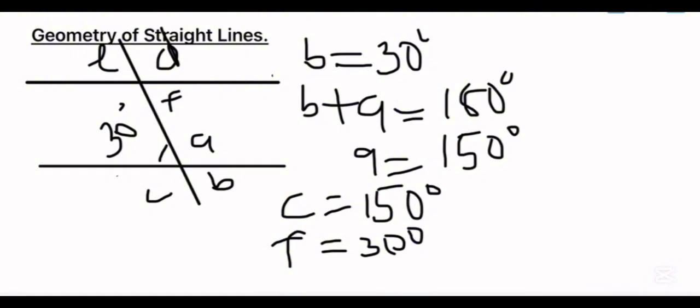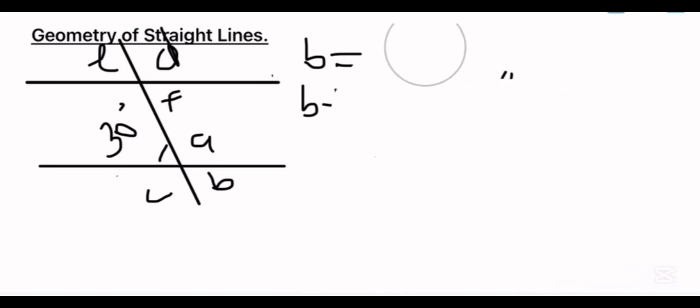Then we could say, let's erase this. Now we've gotten our A, B, C, and F.